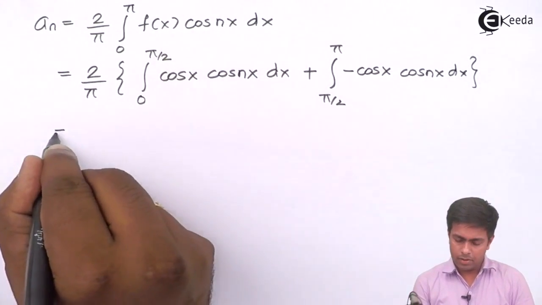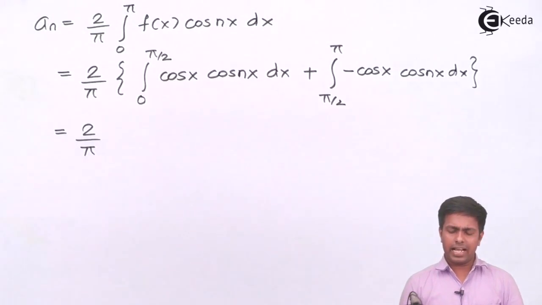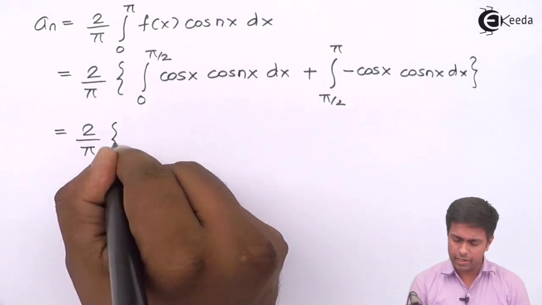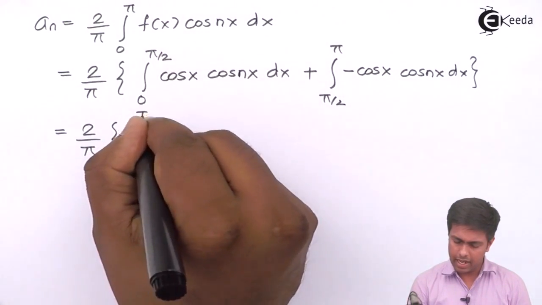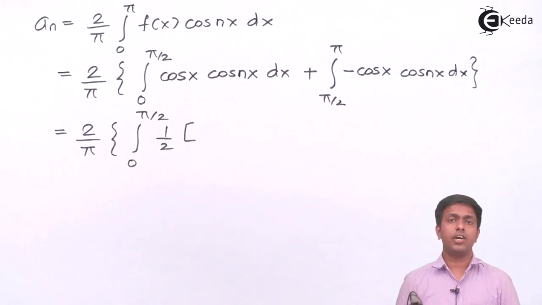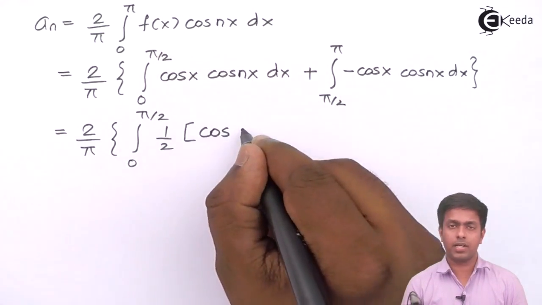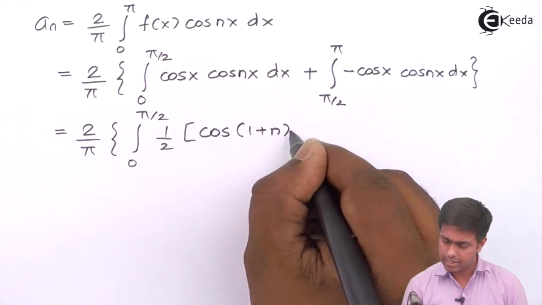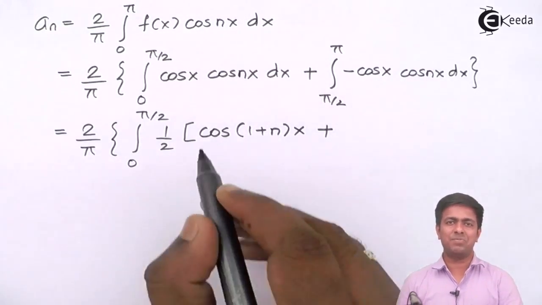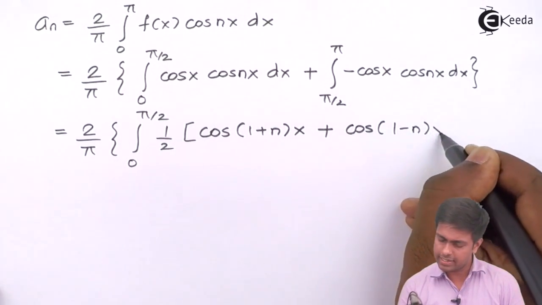Now here 2 by pi as it is. Here I can apply the formula of cos A into cos B. By that formula we will get 1 upon 2 in bracket cos of A plus B, that is cos of x plus nx, which is cos of 1 plus n into x, plus cos of A minus B, so x minus nx, that is cos of 1 minus n into x.